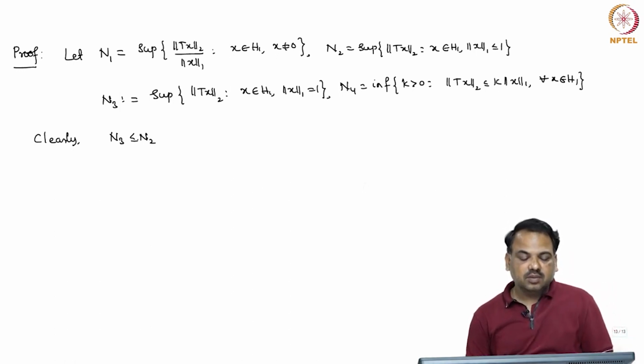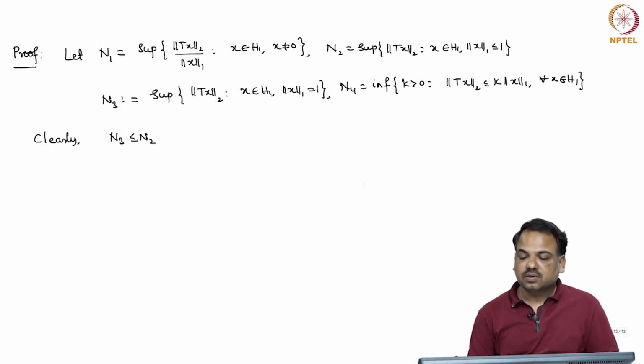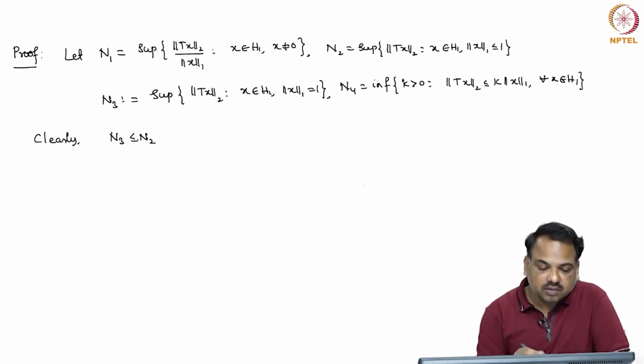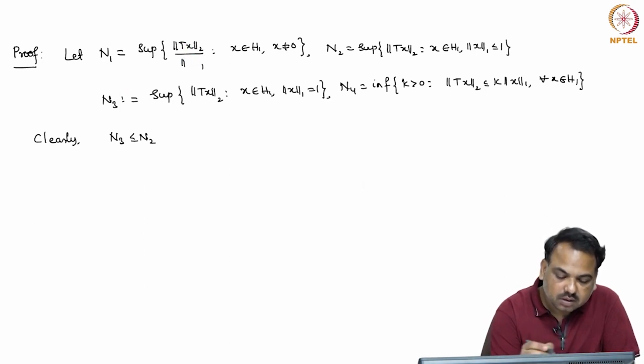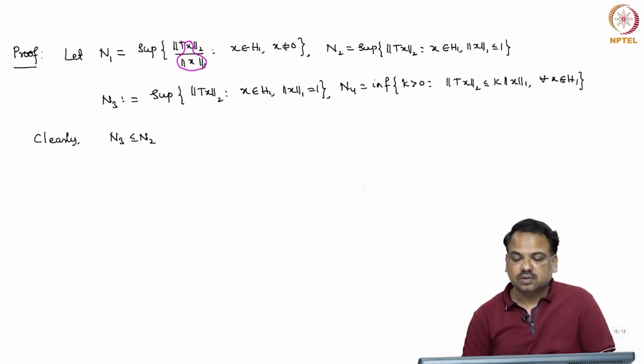Now, if you look at elements of the form x by norm x when x is non-zero, they are anyway elements of the closed unit ball. If you look at this kind of elements, x by norm x, that is an element of the unit sphere.